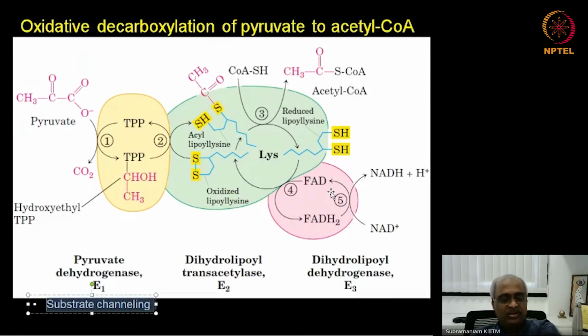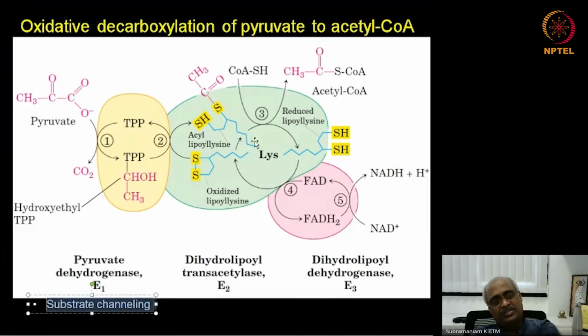So the effective concentrations are very high. So the reaction very readily happens. That's one. Second, other enzymes that could use these intermediate substrates, for example this activated acetyl group, which can be a substrate for another enzyme that uses activated acetyl, don't steal it from this complex because it's never released into solution.